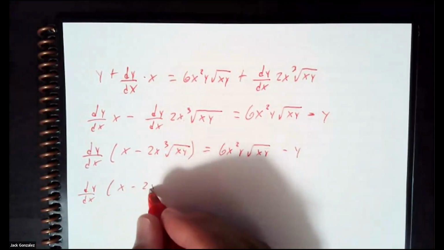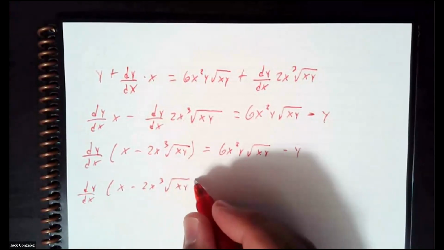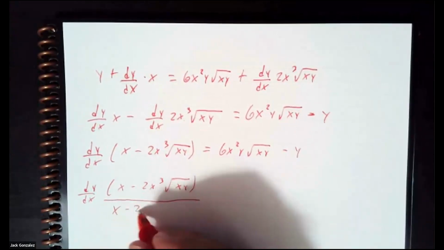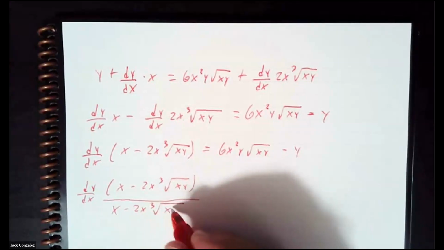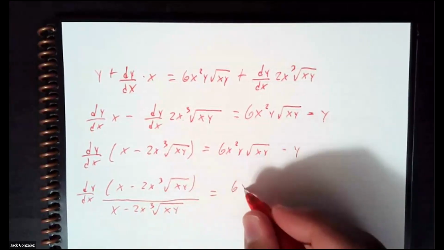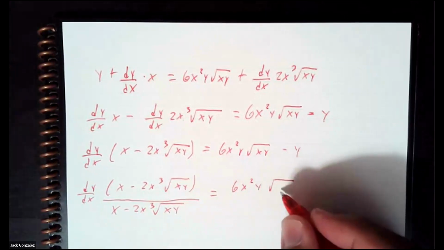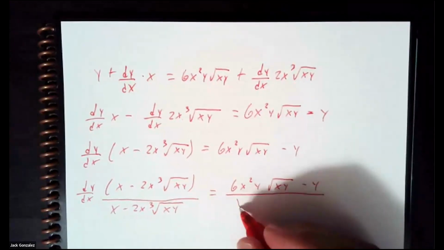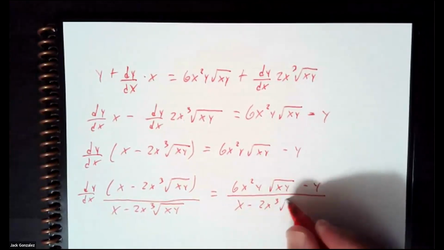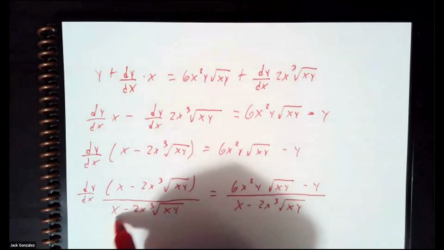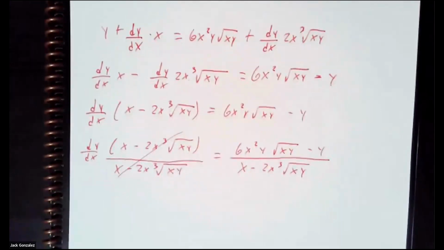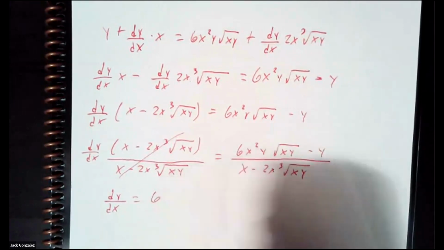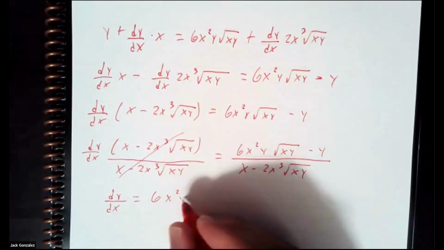Divide this out, and we are finished. Finally, dy/dx is equal to that right-hand side. And this is what they pretty much want.